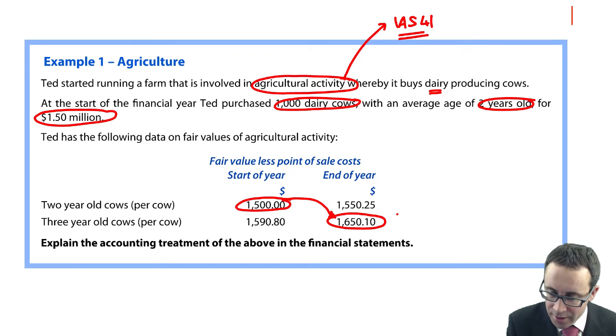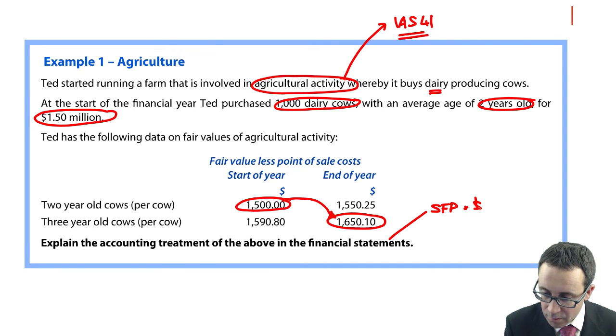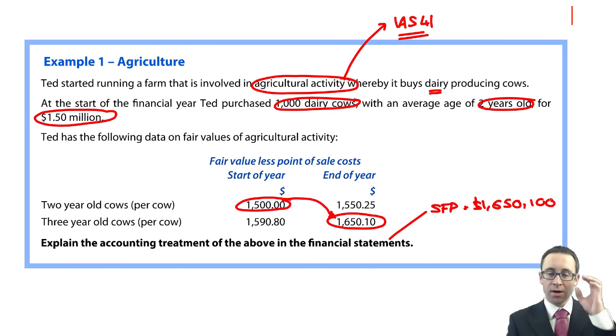So at the end of the year, in your financial statements, on the SFP, you have an asset of 1650.1 multiplied by 1,000. Careful, let me do the right numbers on my calculator. Does that give me 1,650,100? So that will be your biological assets.